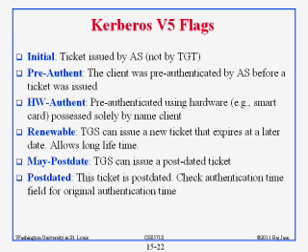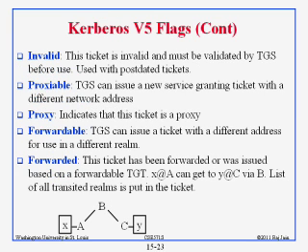And a ticket which is post dated is generally invalid. That flag is set, so before it can really be used in 2012, you have to go back and validate it.